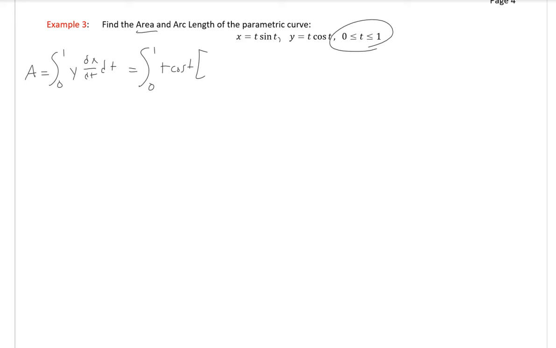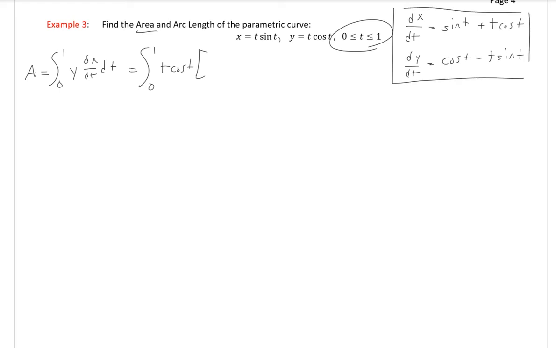We're also going to need the derivative of y in a moment, so why not find both of those? dx/dt, by the product rule, will give me sine of t plus t cosine of t. And dy/dt, the derivative of y with respect to t, will give me cosine of t minus t sine of t. So those are my derivatives.